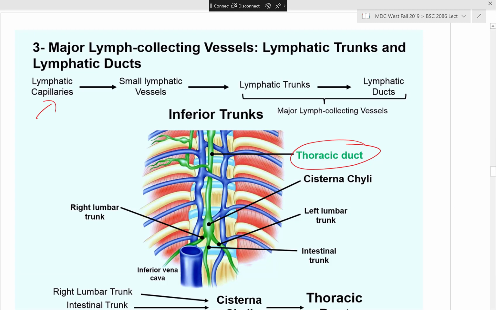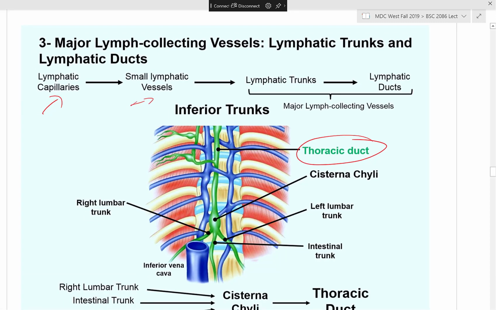So we have lymphatic capillaries all the way to what? Small lymphatic vessels. Then you have the trunks. Then you have the lymphatic what? Ducts. Okay? So those ducts can be one on the right and one on the left.